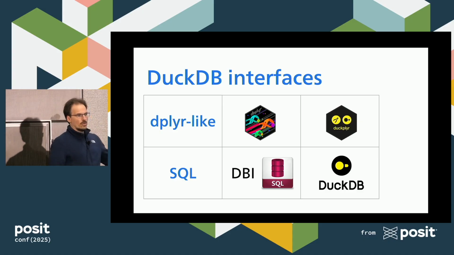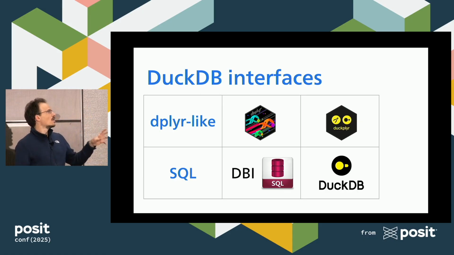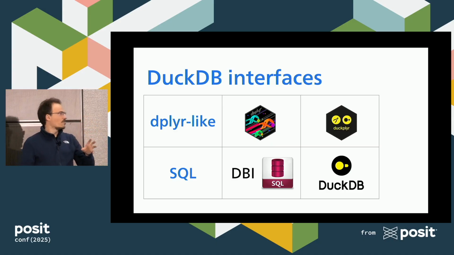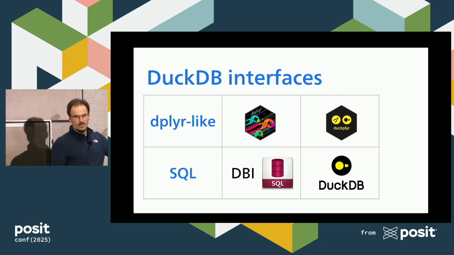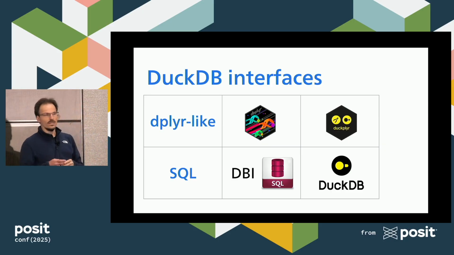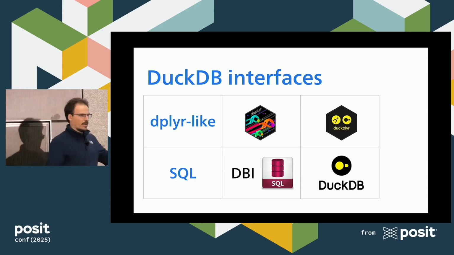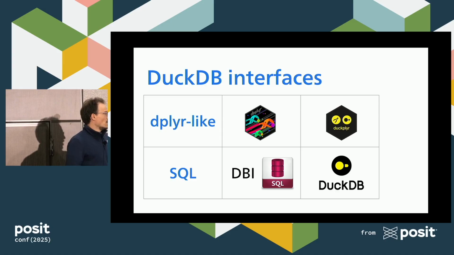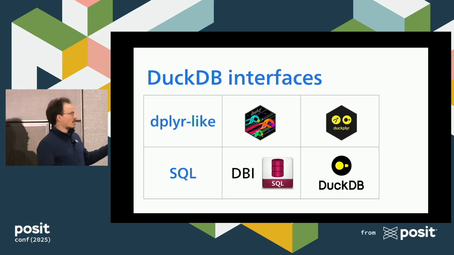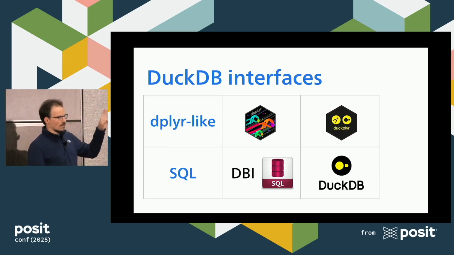So dplyr works with lazy tables, and I forgot to mention, all of this will be available after the talk. You can run the code, and the slides are on GitHub. So dplyr translates to SQL, gets the data back as a lazy table. You also need to collect to get this as a data frame.